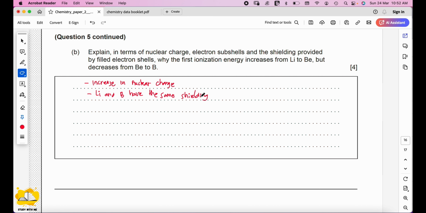Shielding refers to the phenomenon where the presence of inner electrons in an atom partially blocks the attractive force between the positively charged nucleus and the outer electrons.